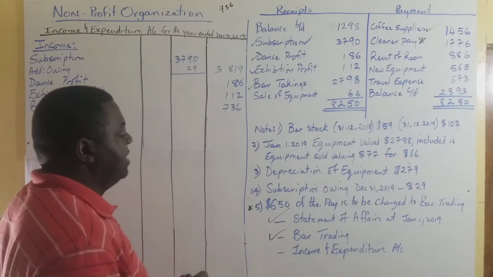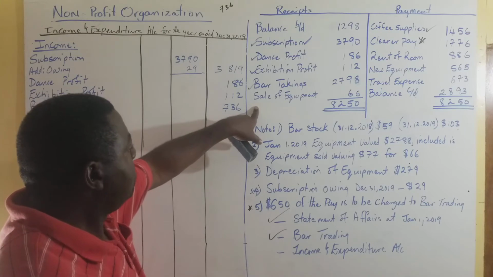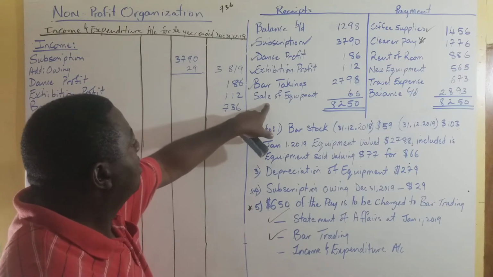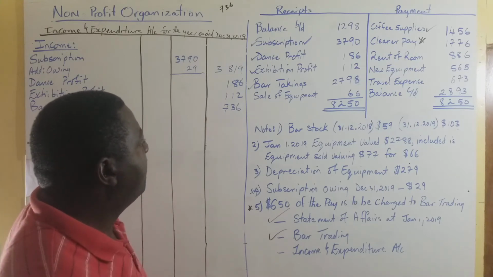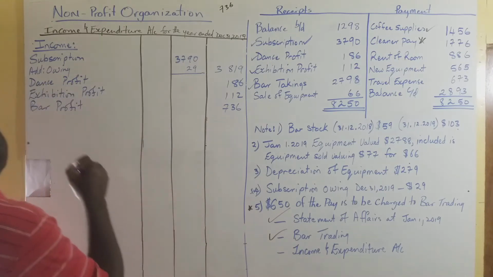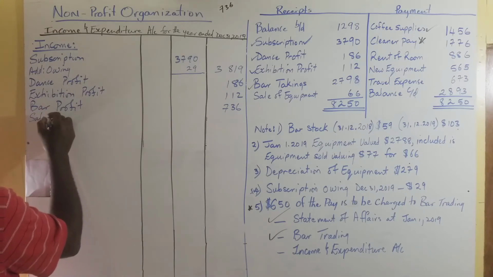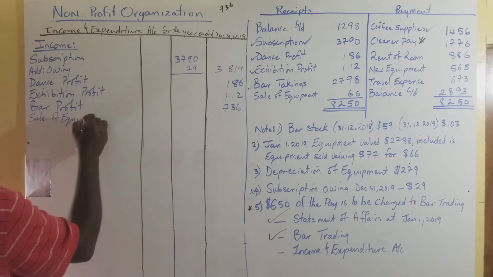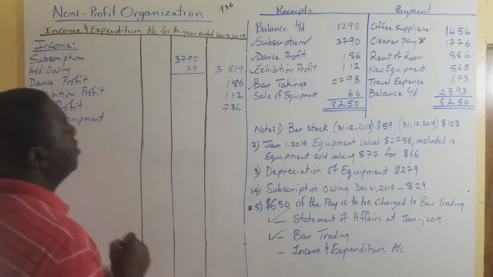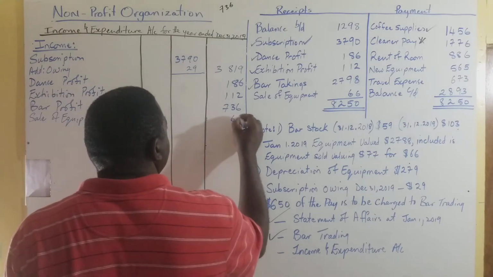We have a situation though with the sale of an equipment, so we're getting income from the sale of equipment. We're getting some money, and that is going to be $66.